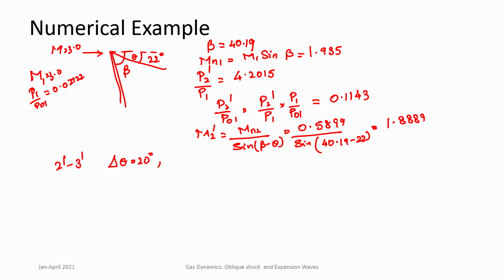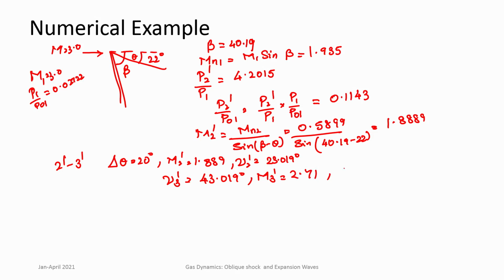You start off with M2 prime of 1.889, and nu 2 prime is 23.019 degrees. So nu 3 prime then is 43.019 degrees, and M3 prime turns out to be 2.71.